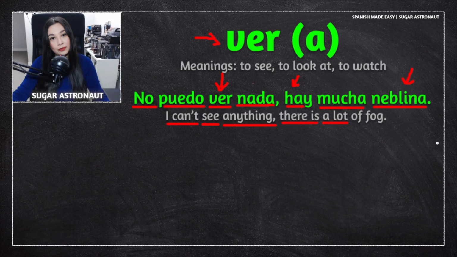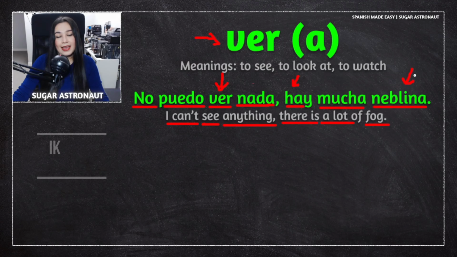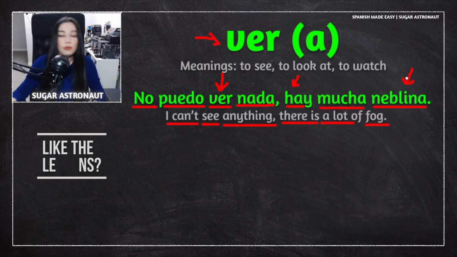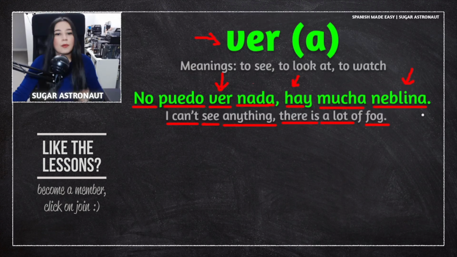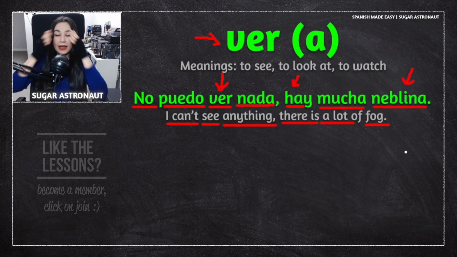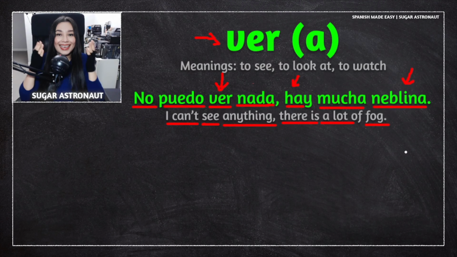Neblina is a noun and it means fog, okay? Mucha neblina. Mucha, it's similar to a lot, and also it's similar to a lot of if you add a noun after mucha or mucho, okay? Mucha neblina, a lot of fog. No puedo ver nada. I can't see anything. Hay mucha neblina. There is a lot of fog, okay?